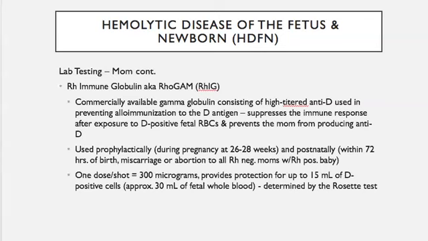So RhoGAM is used prophylactically during pregnancy. If mom's type is done and she is found to be Rh negative, she is going to be administered RhoGAM during her pregnancy, usually between 26 to 28 weeks, and then also postnatally, within 72 hours of birth, miscarriage, or abortion.